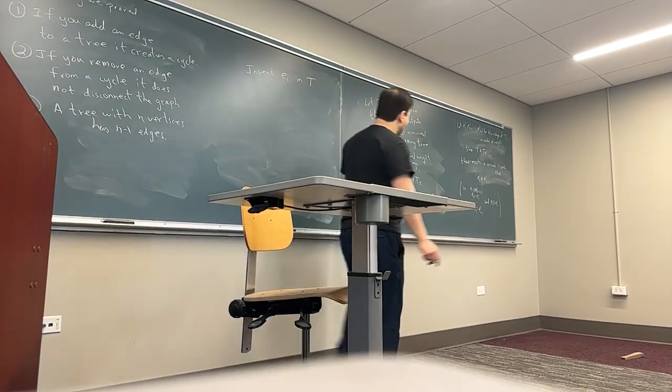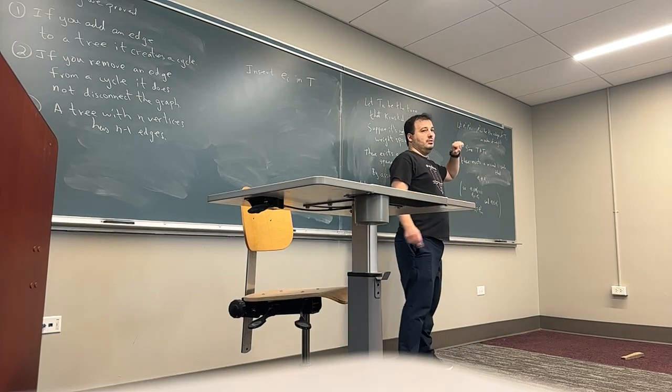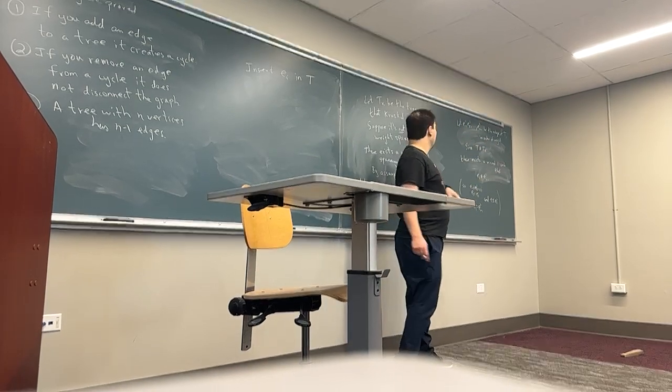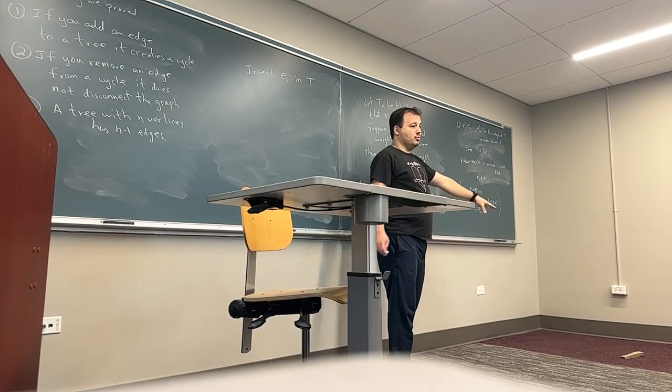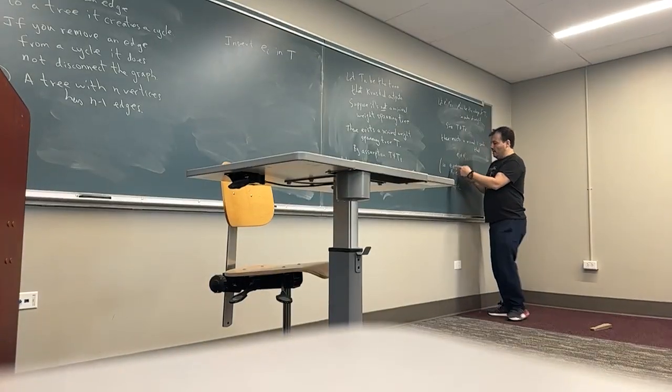Okay, so again, T is a minimal weight spanning tree. TK is the one that came from Kruskal. So we check, is the smallest edge on each the same? Yes. What about the second smallest? What about the third smallest? At some point, you finally get somewhere where they differ.